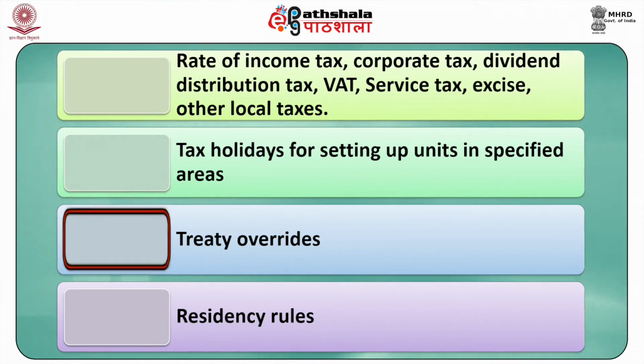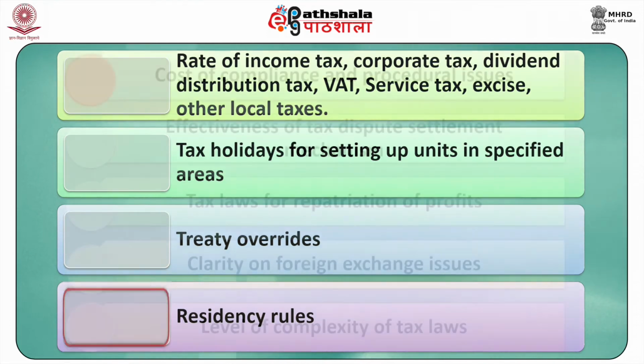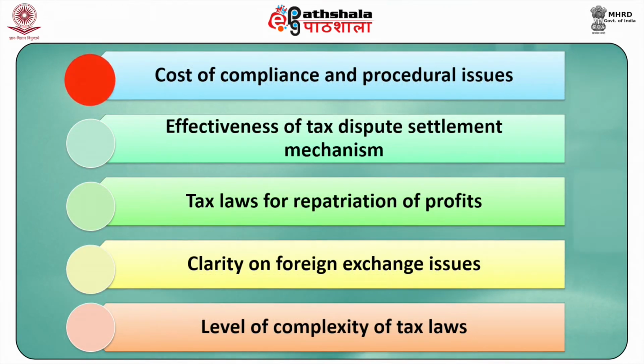Number three, treaty overrides. Number four, residency rules. Number five, cost of compliance and procedural issues. Number six, effectiveness of tax dispute settlement mechanism. Number seven, tax laws for repatriation of profits. Number eight, clarity on foreign exchange issues. Number nine, level of complexity of tax laws.